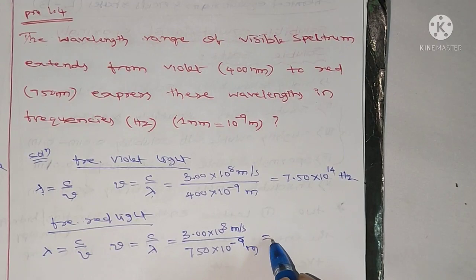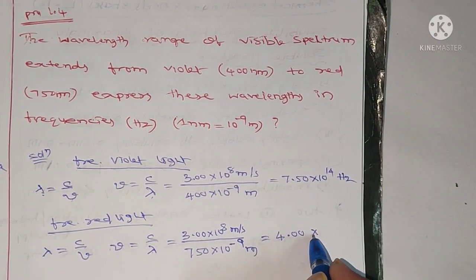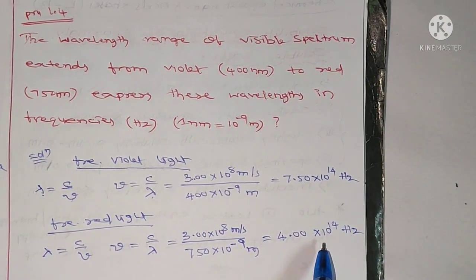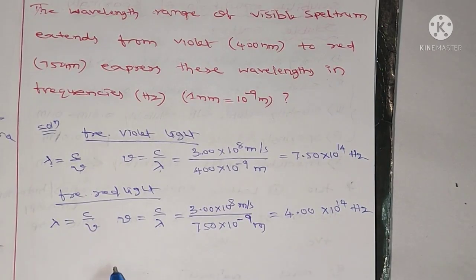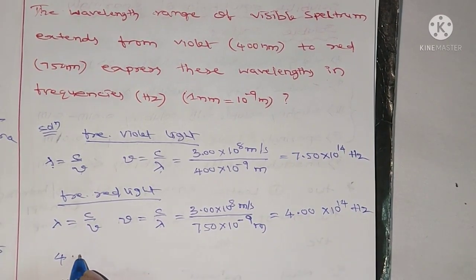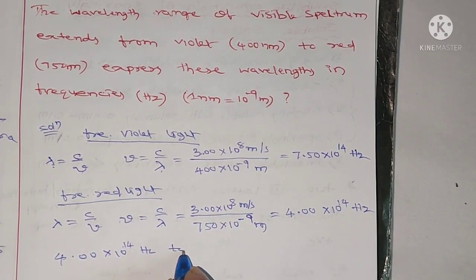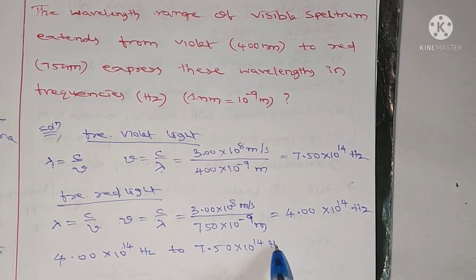If you do this calculation, we get 4.00 into 10 to the power of 14 hertz. So this is the frequency of red light. So the range of the visible spectrum is from 4.00 into 10 to the power of 14 hertz to 7.50 into 10 to the power of 14 hertz.